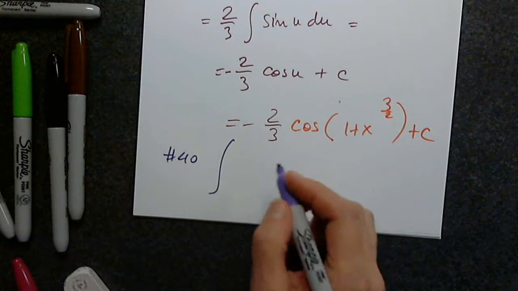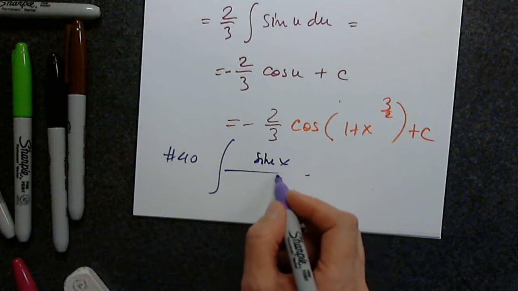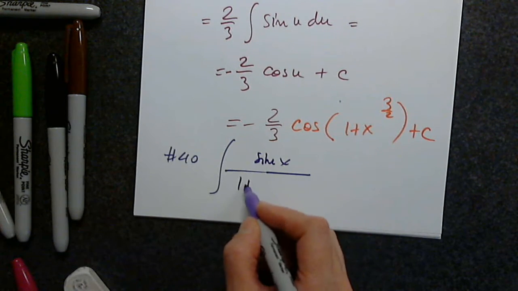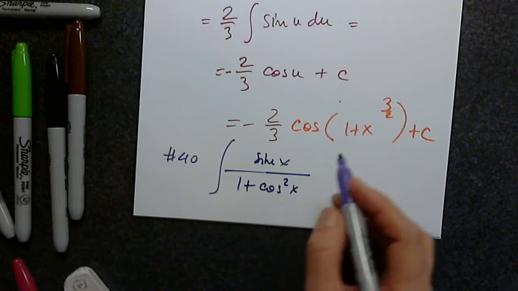The integral from, and we still have some loose ends here and there before we finish this chapter, 1 plus cosine squared x dx.